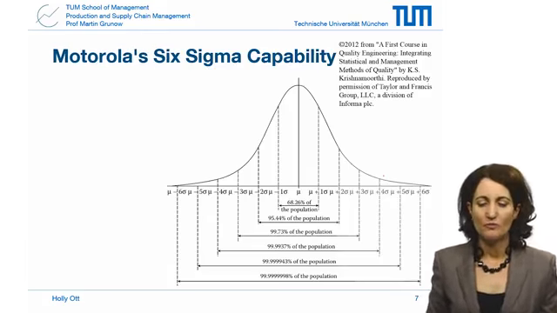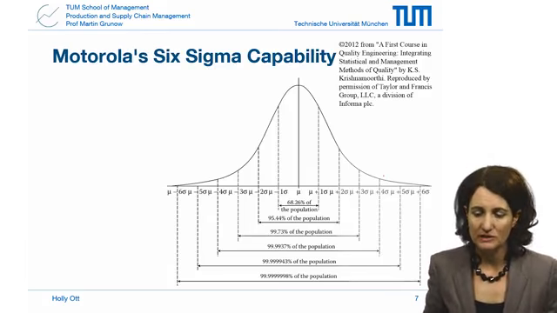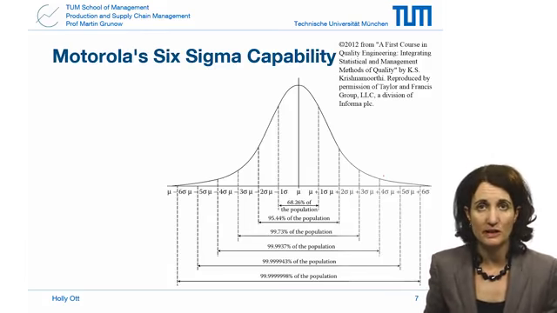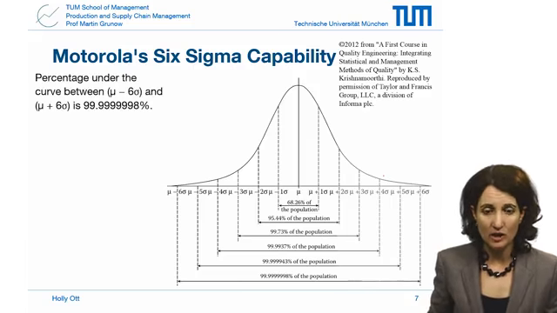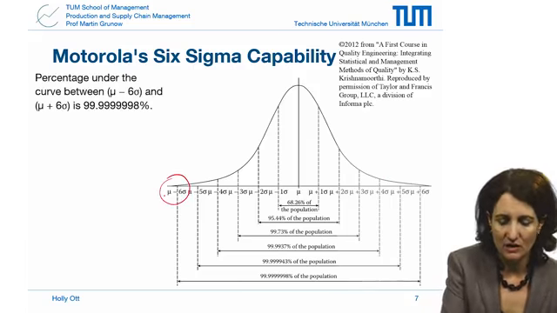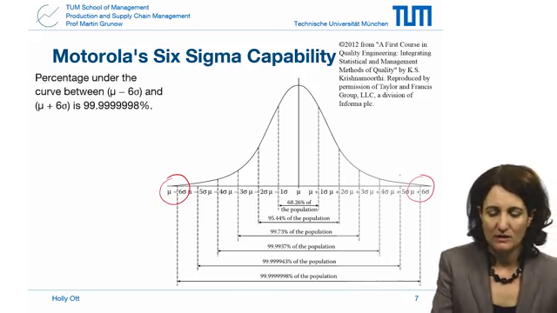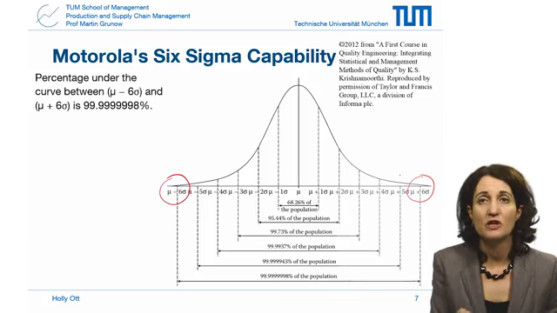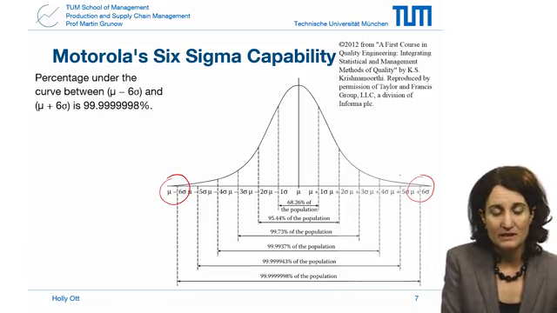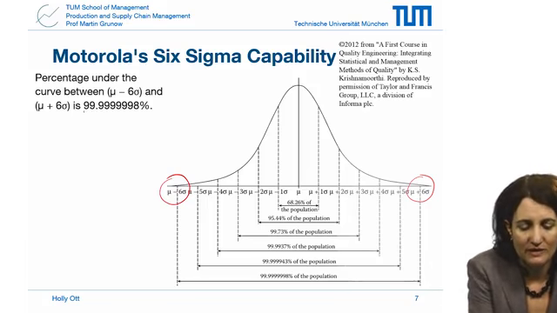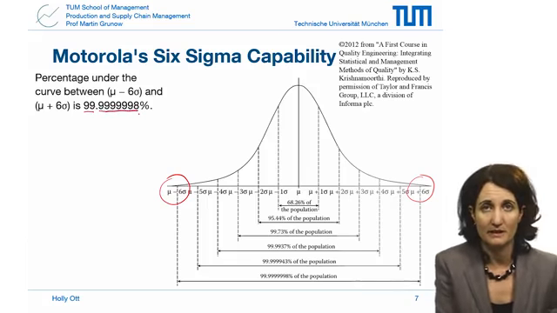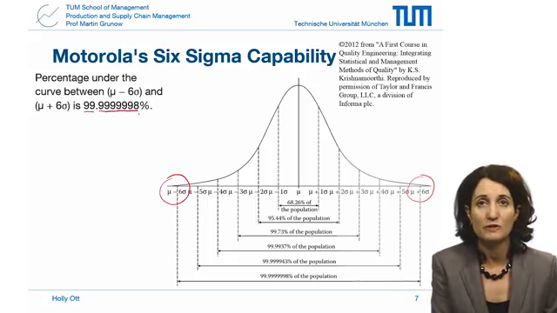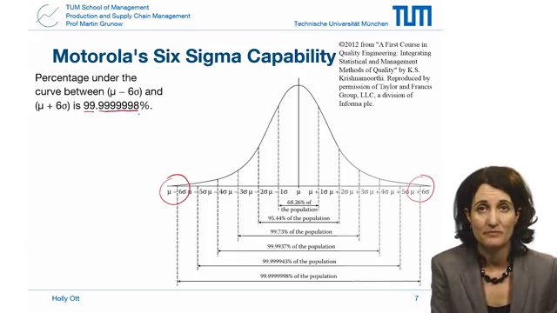Now, what we would like to do here is to use our standard normal table again and look up the probability that our random variable occurs between plus or minus 6 sigma. And what you see is that you have 99.9999998% probability that our normal variable will occur between plus or minus 6 sigma.